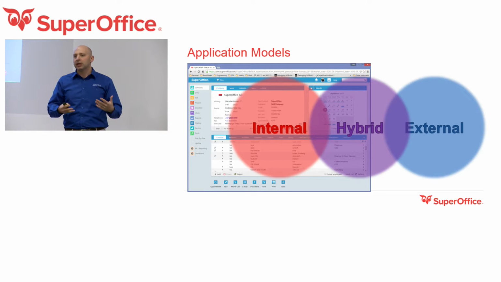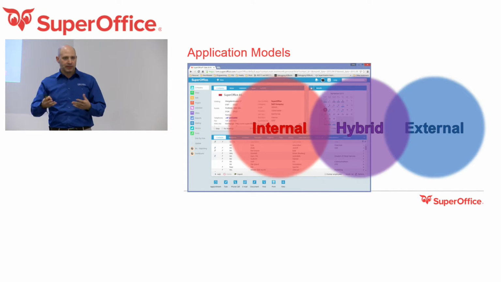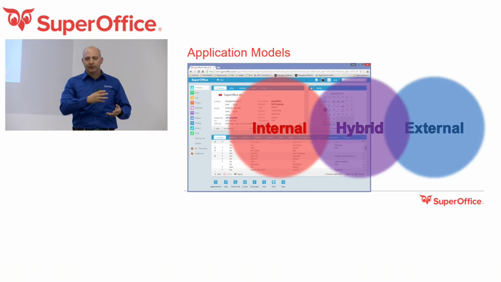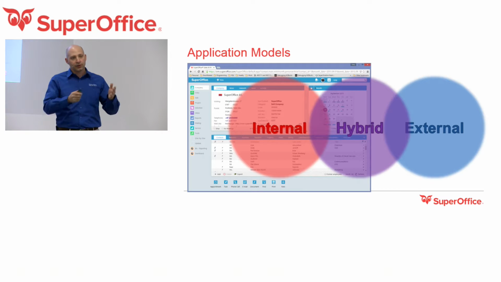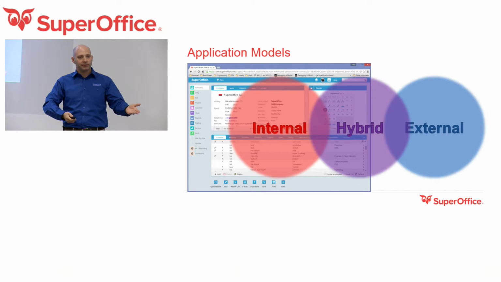But anytime you need to make configuration changes or anything like that, you'll travel to the partner website, make those configuration changes, be rerouted back to SuperOffice, and you'll see those changes. That's what I would consider a hybrid model. So internal, external, and hybrid.